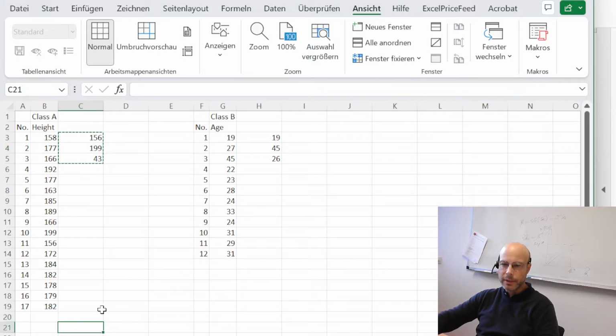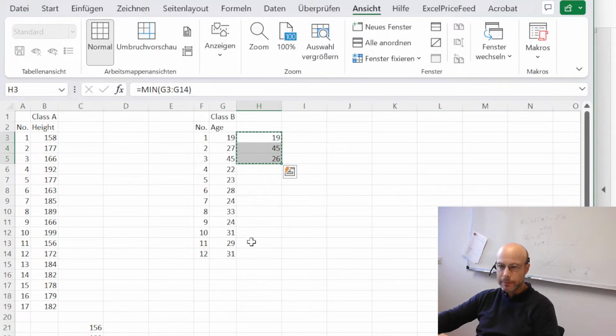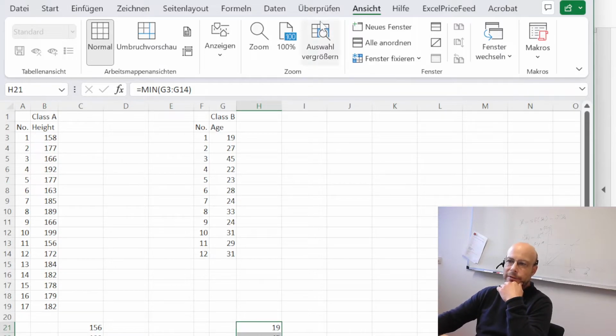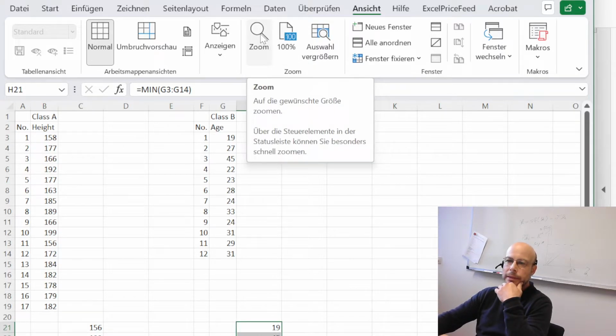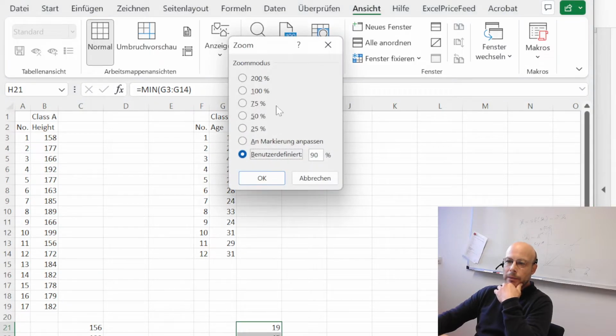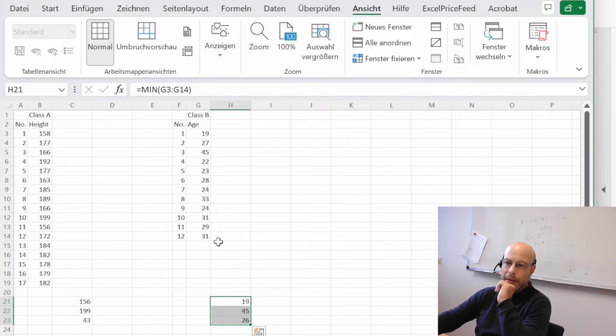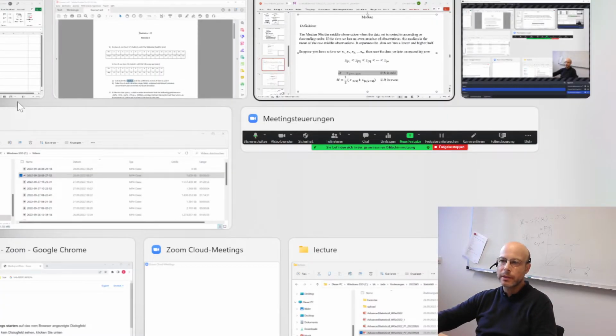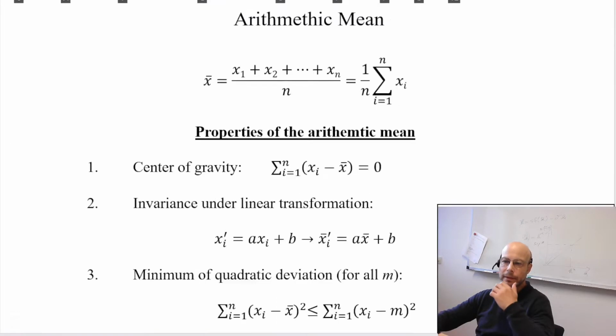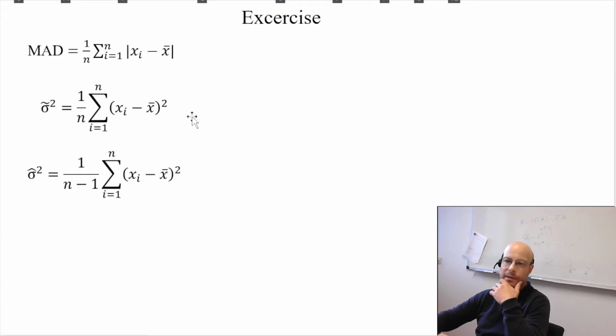Let's move this down here. Well, of course, you get the Excel files afterwards also via your Moodle course or on the web page, I think. Let's take this a bit smaller. So, and now we want to go to mean absolute deviation. What do we have to do? Well, we just go into our formula. And what was mean absolute deviation?